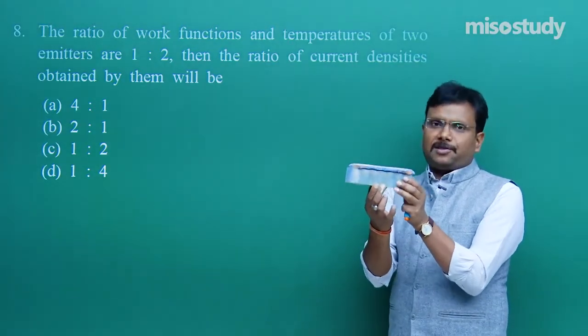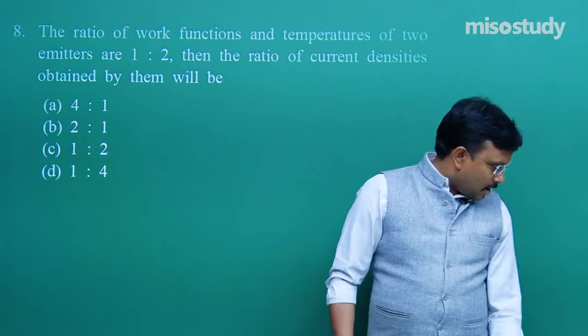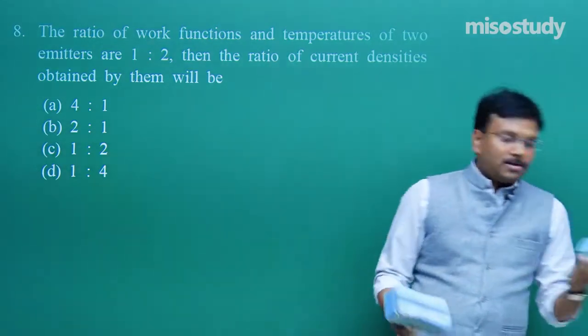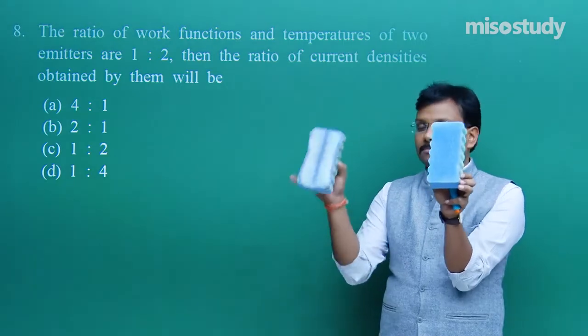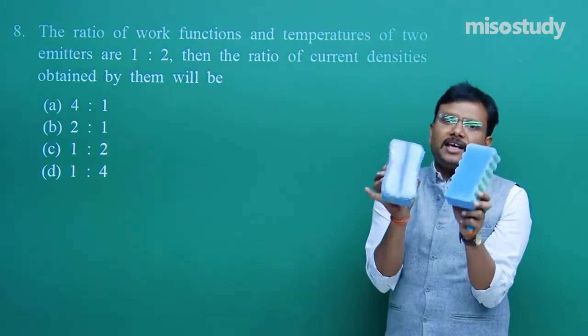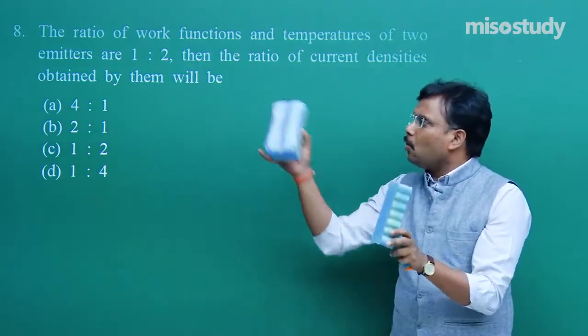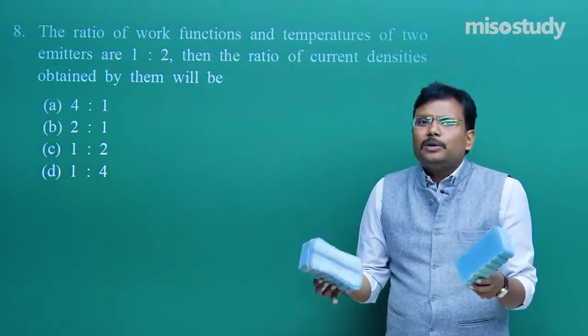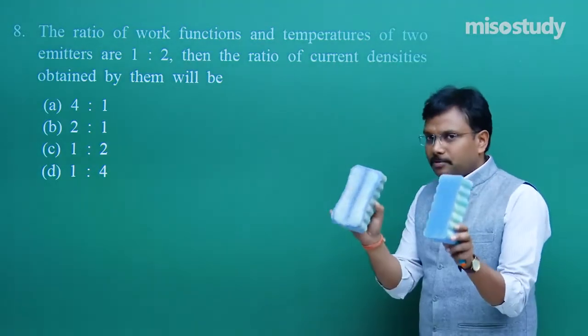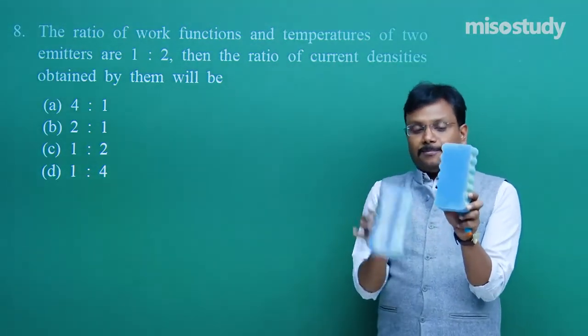Let's say I have one surface, and I have another surface, say for example like this. Obviously thermionic emission is the idea over here, but we don't want to go into those details. A simple formula is there that I would like to mention, but just for a second, listen.